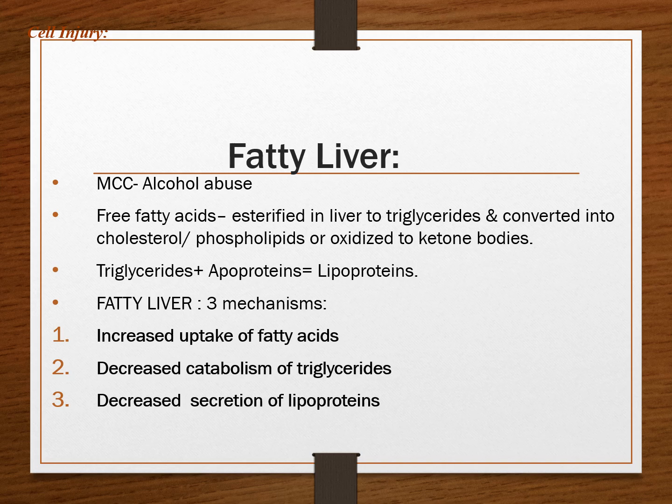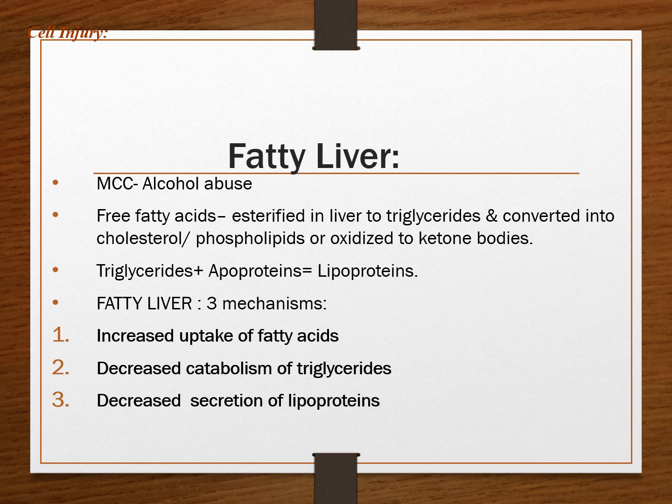Fatty liver. It is the most common condition seen in liver, and the most common cause for fatty liver is alcohol abuse. The free fatty acids are esterified in liver to triglycerides and converted into cholesterol or phospholipids, or oxidized to ketone bodies. Triglycerides plus apoproteins will result in lipoproteins.